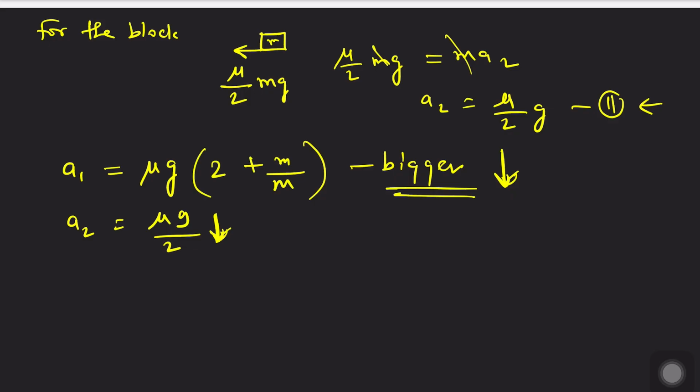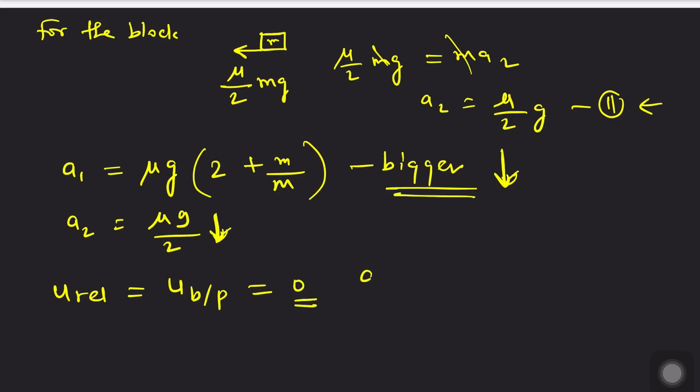See, the initial relative velocity of the block with respect to the plank is 0, because both had the same velocity in the start. It was given to us that the system was given the same velocity. So u of block with respect to plank is 0.